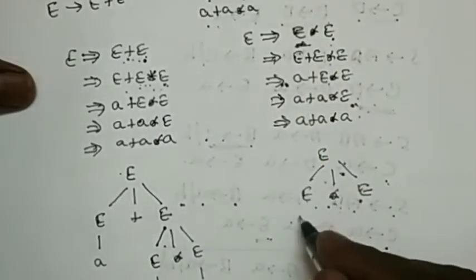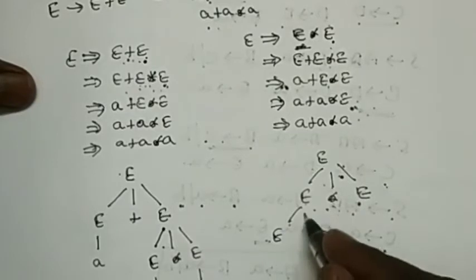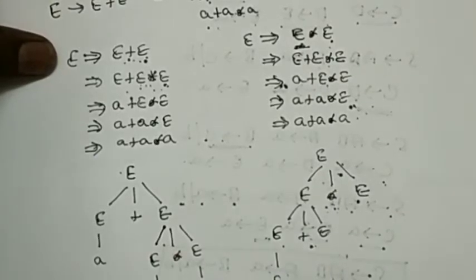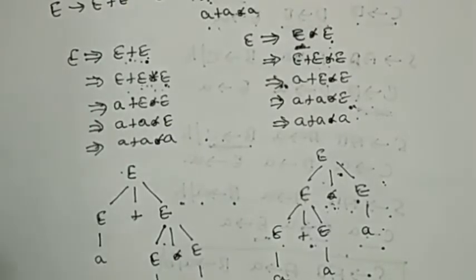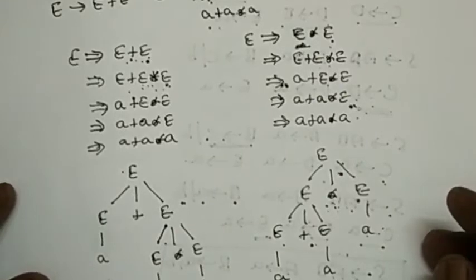This E is replaced by E plus E, so E plus E star E. Now we can replace E by A. Again you are getting the same string A plus A star A. So obviously, since for the same string you have two different derivation trees, it is ambiguous.